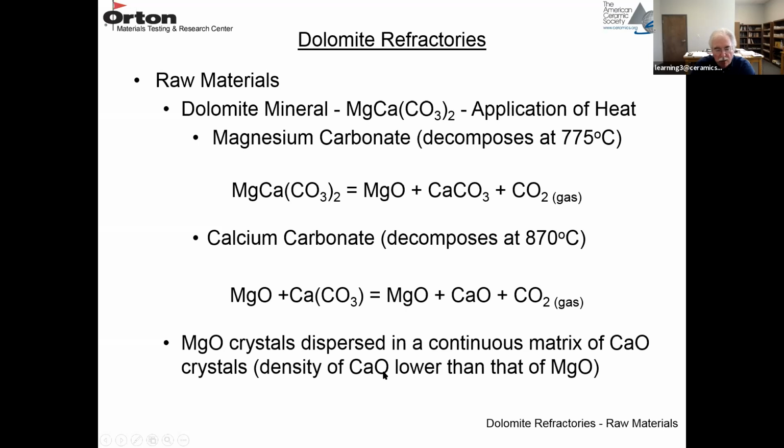And since CaO has very poor resistance to hydration, it's the portion in the matrix that's exposed to the water. And the MgO is in isolated crystals. So MgO can hydrate, but it's a really slow hydration rate compared to the hydration rate of CaO.